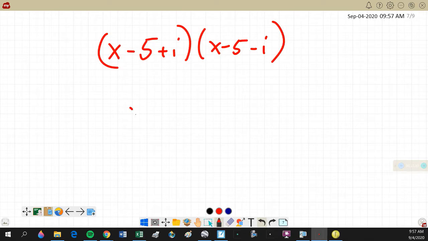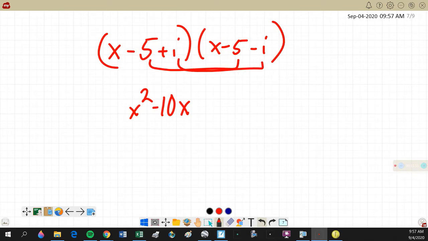Well, it's going to be x squared and then 2 copies of my negative 5x. So that's negative 10x. And then this is going to give me 25. And this is going to give me negative 1 i squared, which turns into 1. So plus 26.